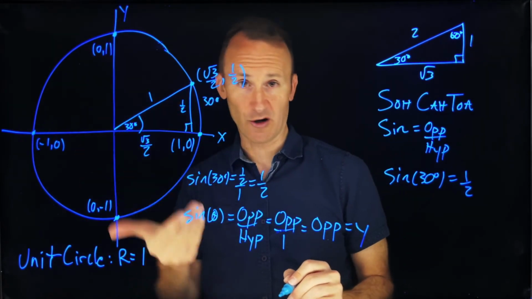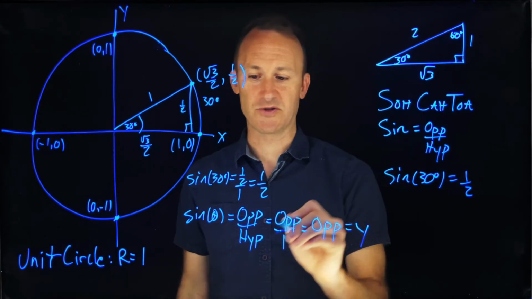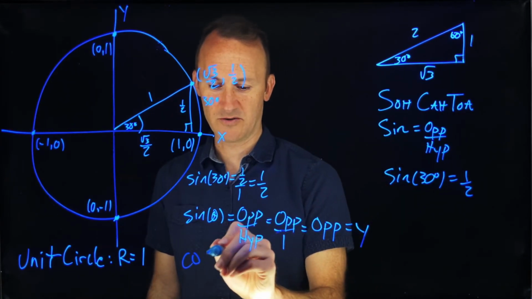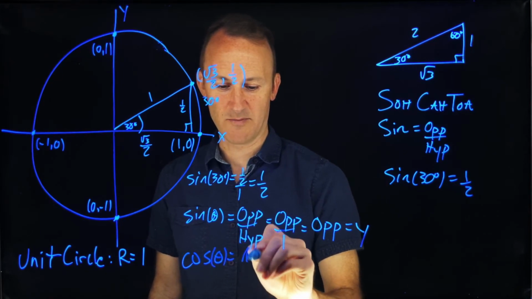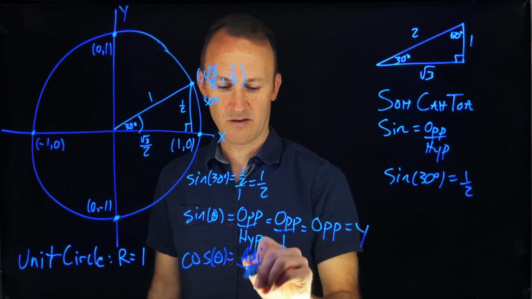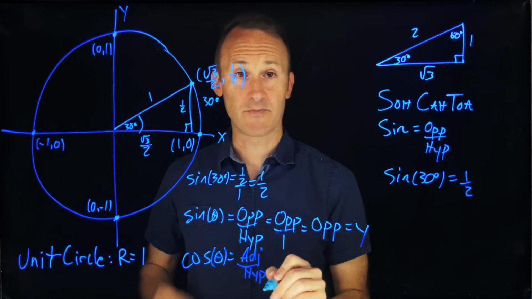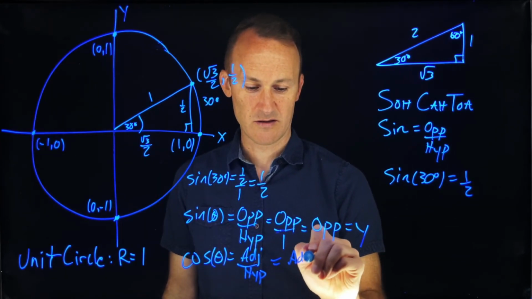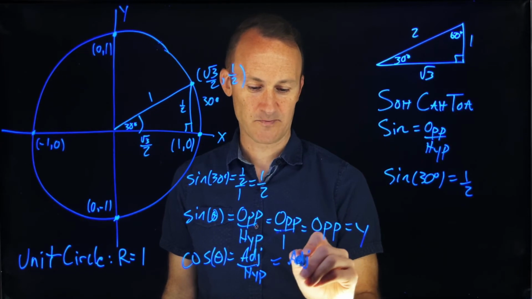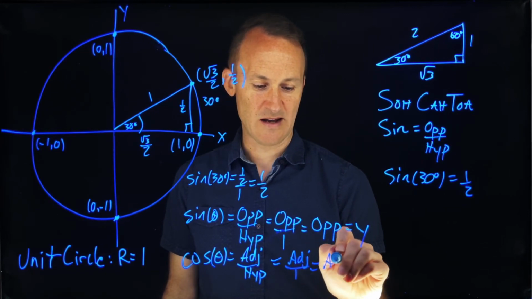By a similar argument, if you look at the cosine, let's just do it. The cosine of theta is adjacent over hypotenuse, but the hypotenuse is 1, so it's just the adjacent, and that is the x value.